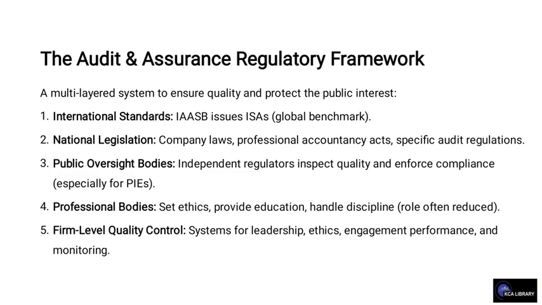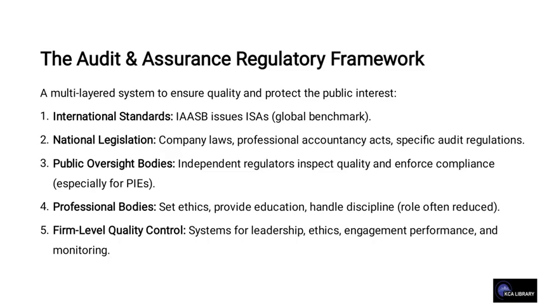Looking at the audit and assurance regulatory framework, it's actually a multi-layered system which ensures quality and protects the public interest. These include international standards like the IAASB, which issues ISAs, which are global standards. We also have national legislation like the Companies Law, the Professional Accountancy Act, and specific audit regulations.